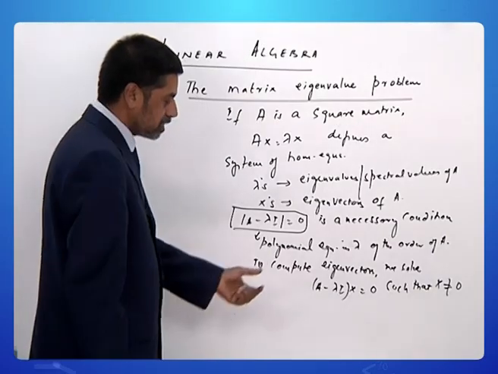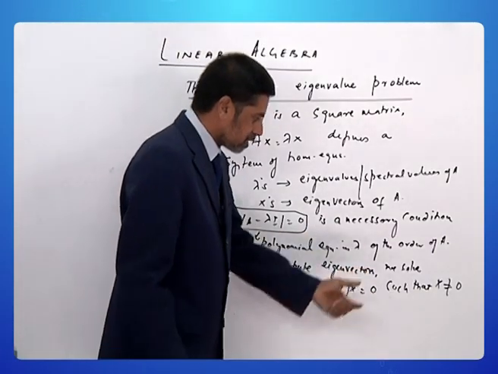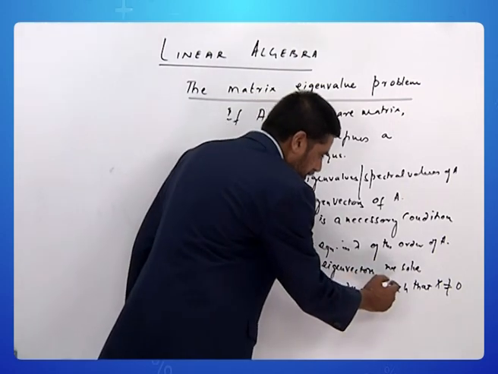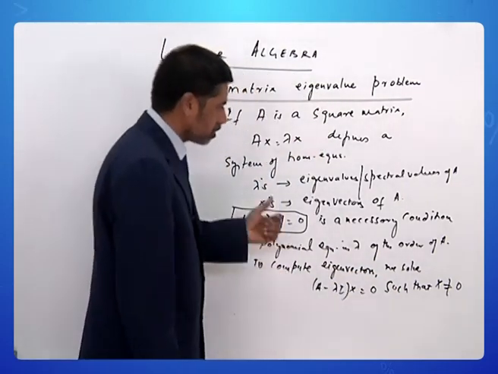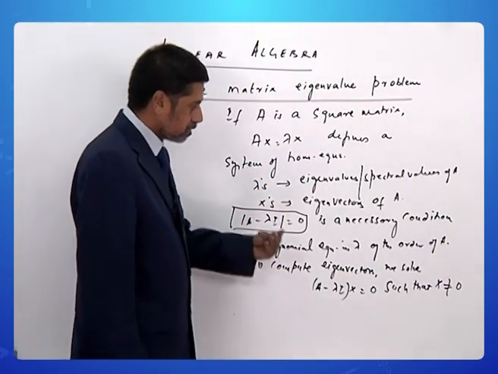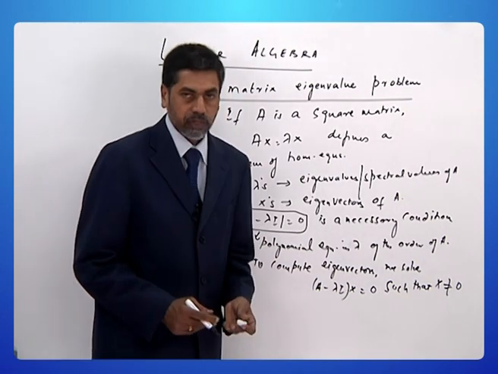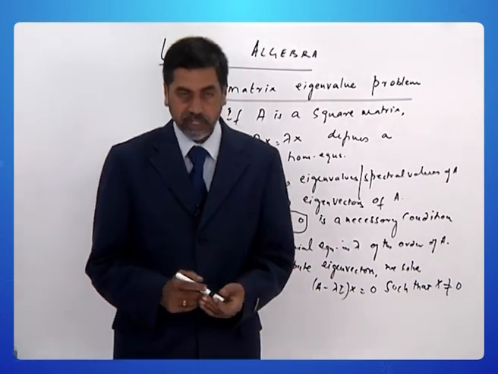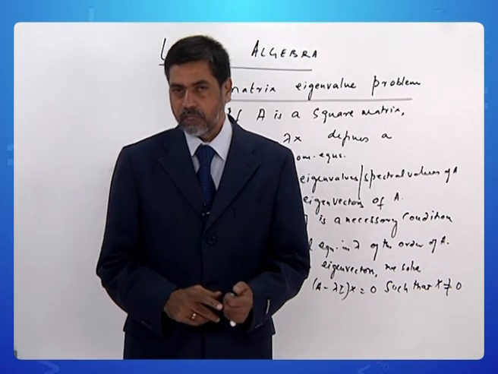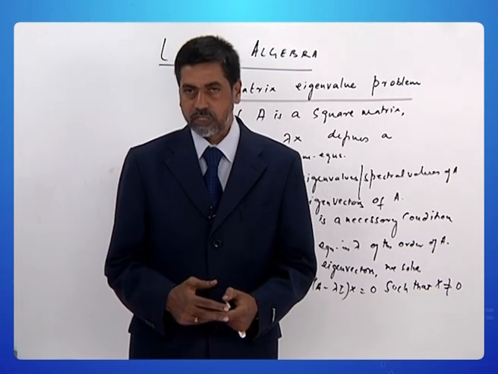So the definition itself requires that the vector x should be non-zero. So eigenvectors must be non-zero vectors. So let us see how we can solve the matrix eigenvalue problem with the best methods available before us.